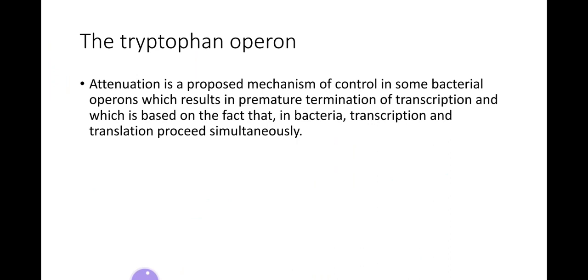Attenuation is a proposed mechanism of control in some bacterial operons which results in premature termination of transcription. This termination is by way of an attenuator, a hairpin or stem loop structure formed in the mRNA, the same loop type structure you studied in rho independent termination.